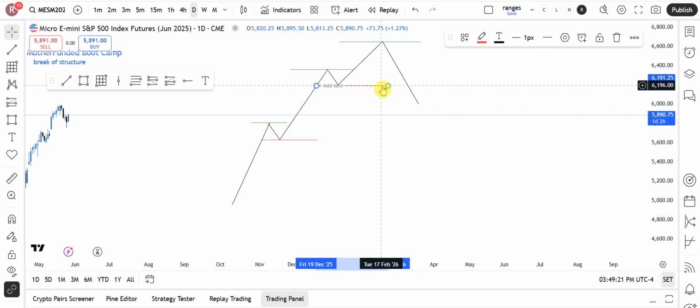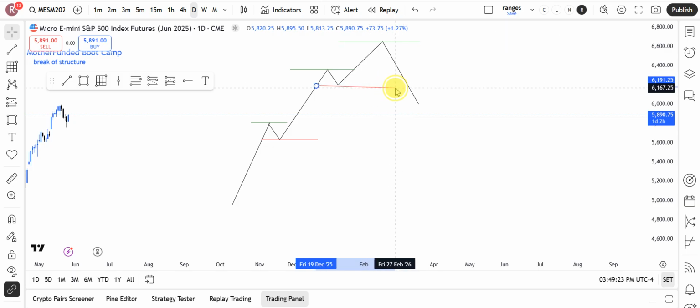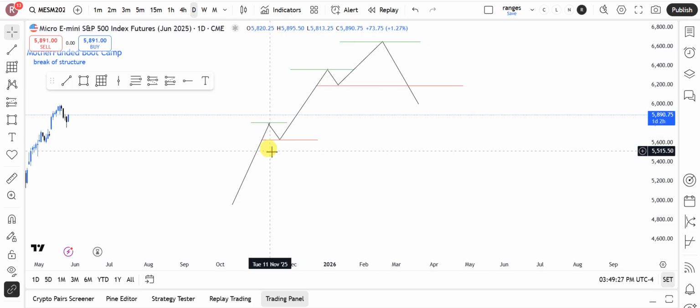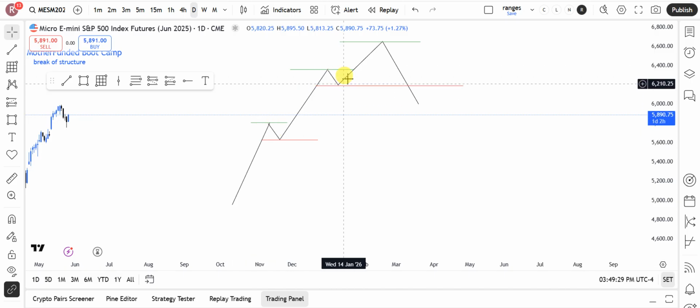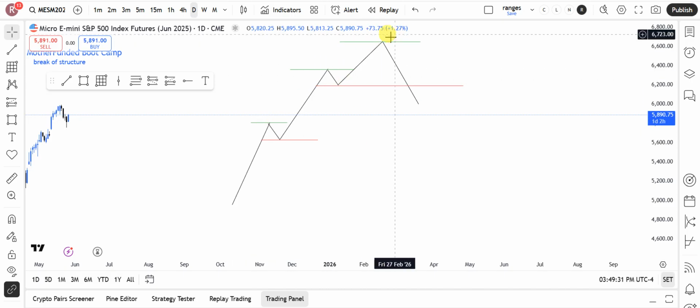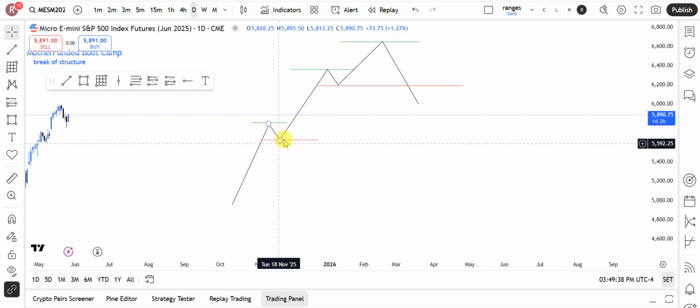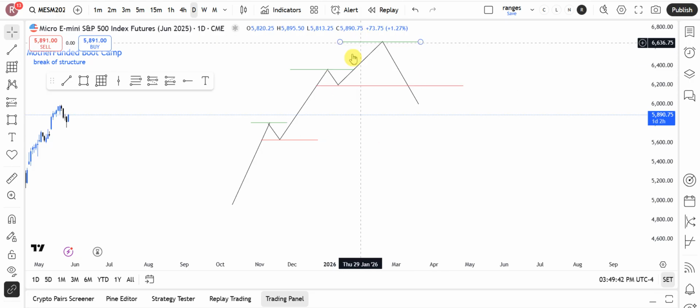Let's take this swing low, because this is the one we're really talking about. Let's say price is moving up, breaking swing highs, and it keeps going higher and higher. Then it creates a swing high and falls, and it breaks a swing low that was made previously within this uptrend.